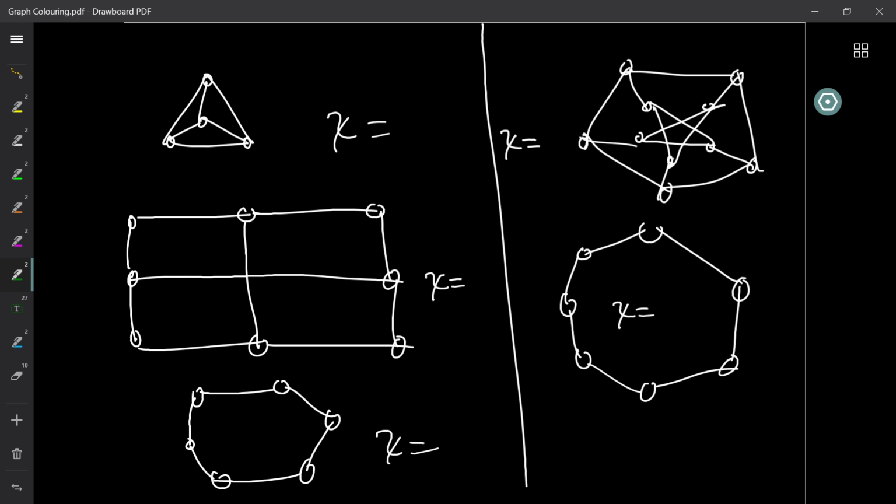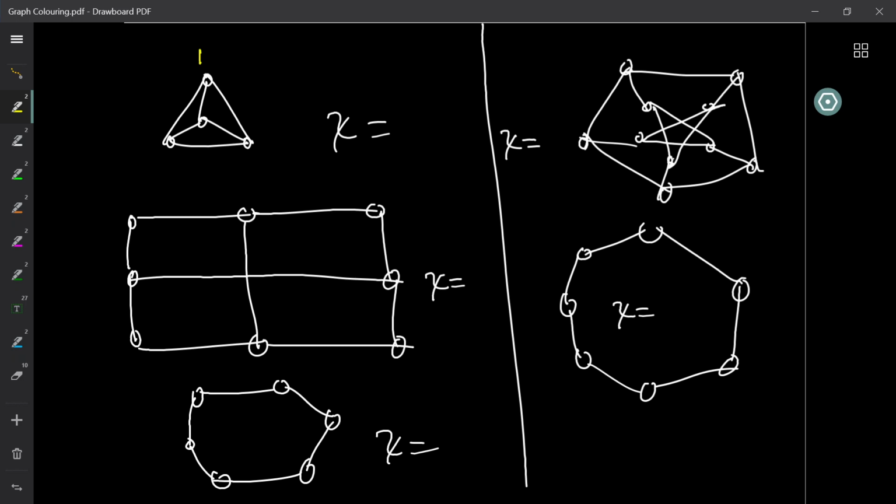So here are several graphs, and we want to find out their chromatic numbers. In the first example, we have the complete graph on 4 vertices, K4. What is the chromatic number of this graph? If you start with any vertex, I can give it color 1.